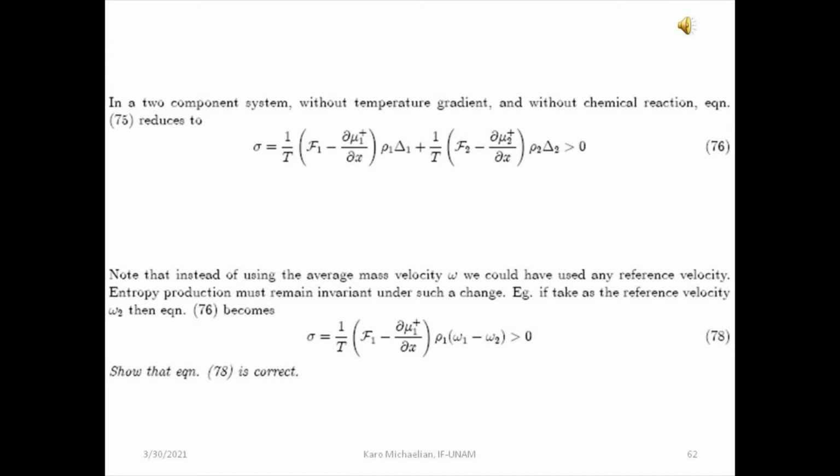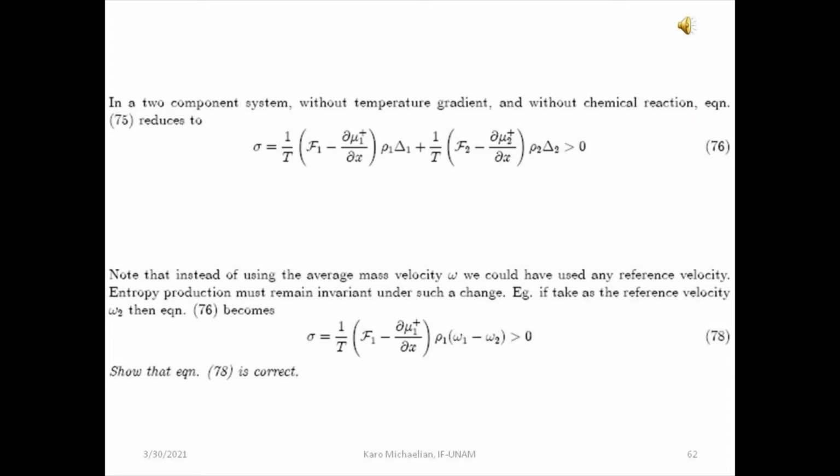Note that in equation 76, we are assuming that the forces F1 and F2 and the gradients of the chemical potentials are only acting over the x coordinate. That's why we don't have a sum over i, over x, y, and z, because we're assuming it to be a one-dimensional system.